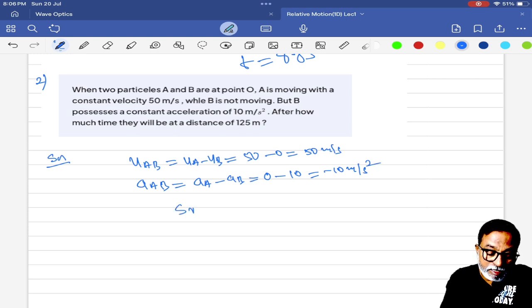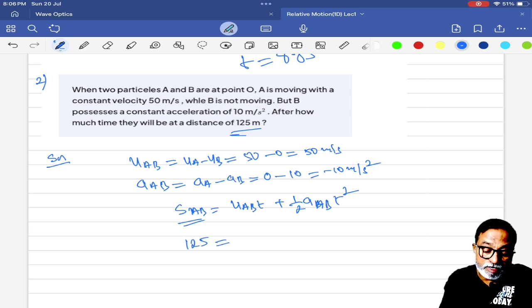Then we can use SAB is equal to UAB into T plus 1 by 2 AAB into T square. SAB is the relative displacement, that is given as 125. So 125 is equal to, what is UAB? 50 into T plus 1 by 2 AAB is minus 10 into T square.